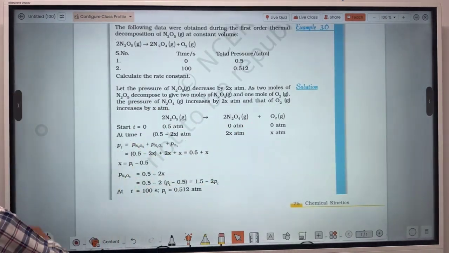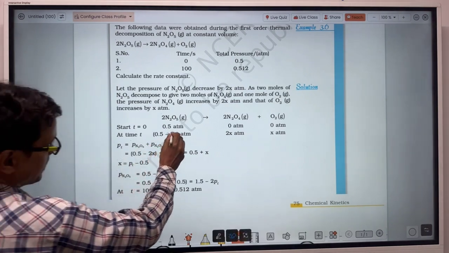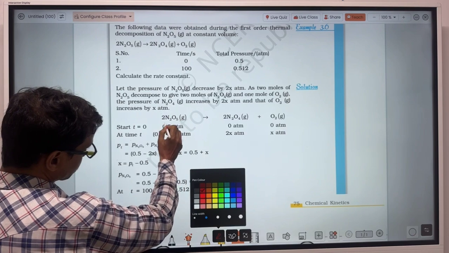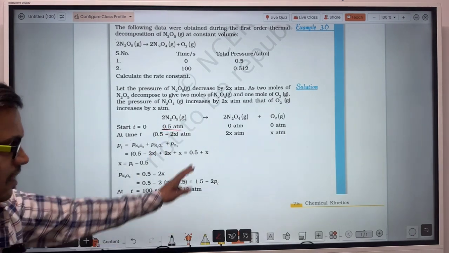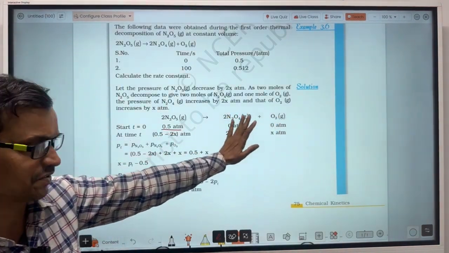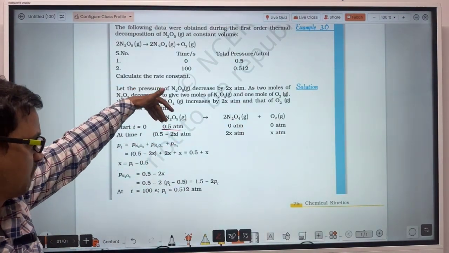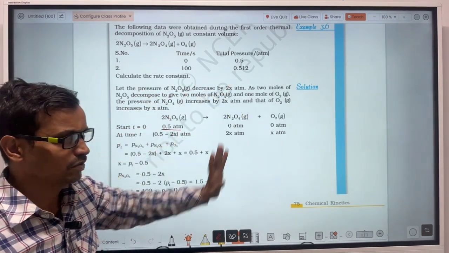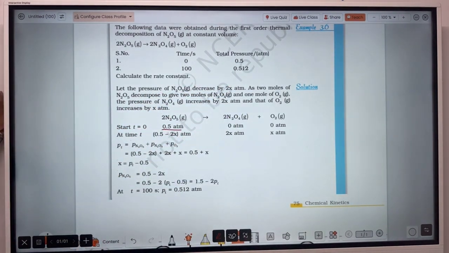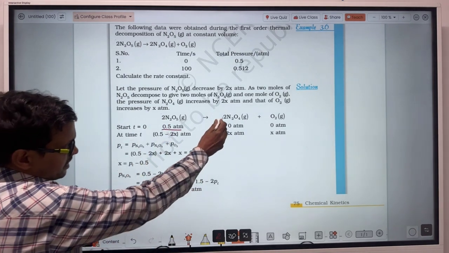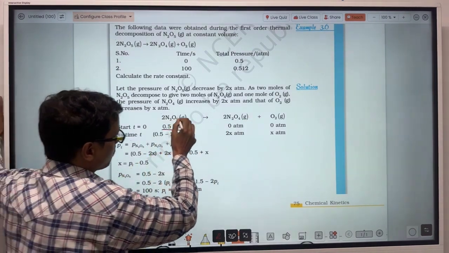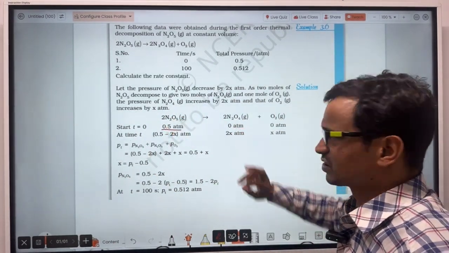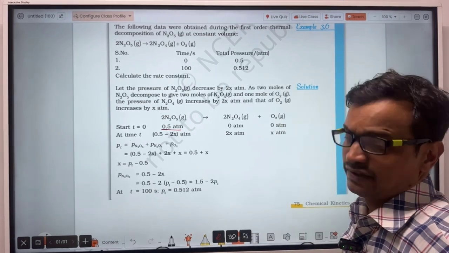This is the equation here. At T equal to 0, the total pressure will be 0.5 atm. The total pressure is the partial pressure of N2O5, that's why 0.5 atm, and the partial pressure of N2O4 will be 0 and oxygen will be 0, because initially there will be particles of N2O5 only. Here the stoichiometric coefficients are 2, 2 and 1. So 2 moles of N2O5 will dissociate to give 2 moles of N2O4 and 1 mole of O2.